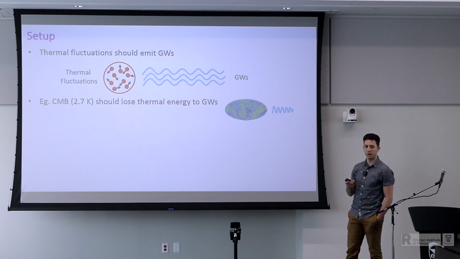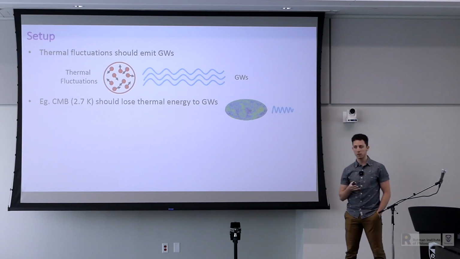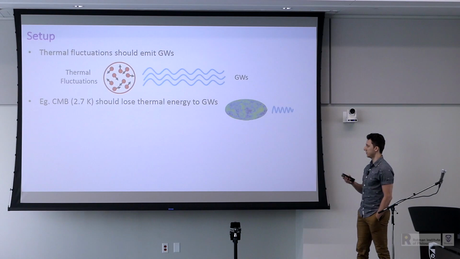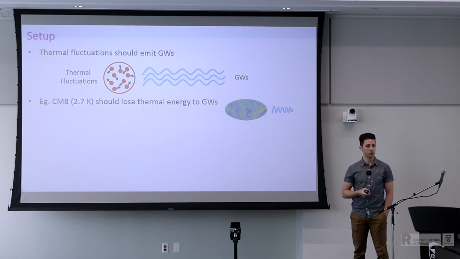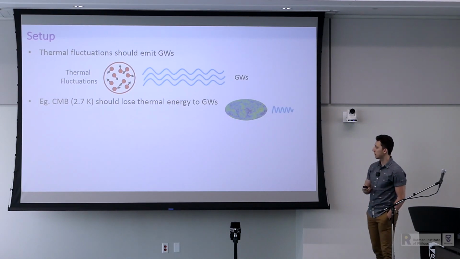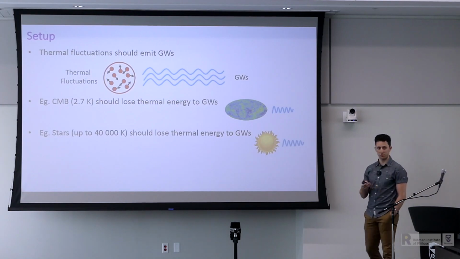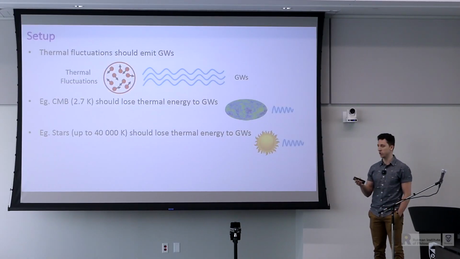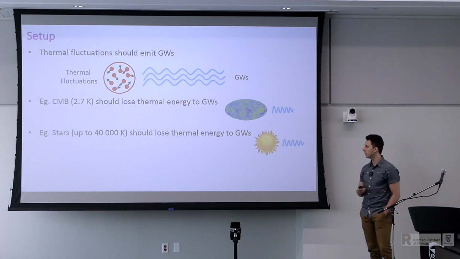We know that the cosmic microwave background is a thermal object at roughly 2.7 Kelvin that exists everywhere in the universe. So we expect that the CMB should lose thermal energy into gravitational waves. Another example is stars, which in our galaxy can reach temperatures as high as 40,000 Kelvin. They're somewhat thermal objects, and we expect that they should lose energy into gravitational waves as well.